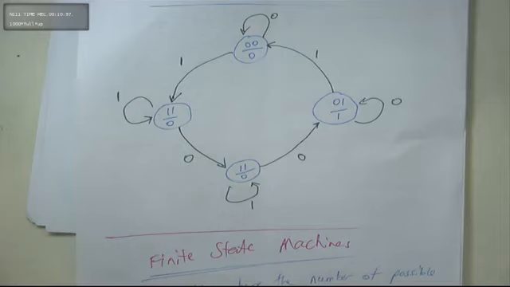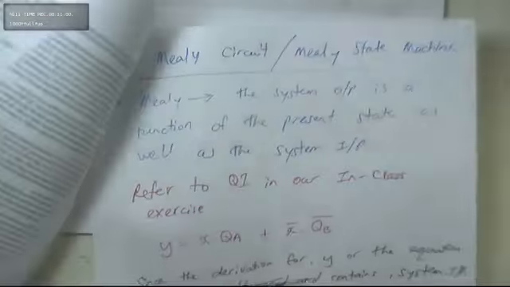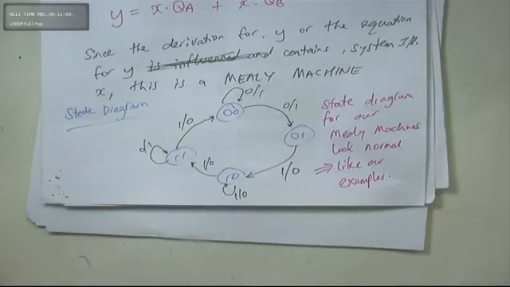Well, the number of flip-flops is related to the number of states, because 2 to the power of the number of flip-flops gives you the number of states. So the number of states and number of flip-flops is fixed. It's fixed. It's limited. Okay, so that's a finite state machine here. That's again another finite state machine. Another finite state machine.